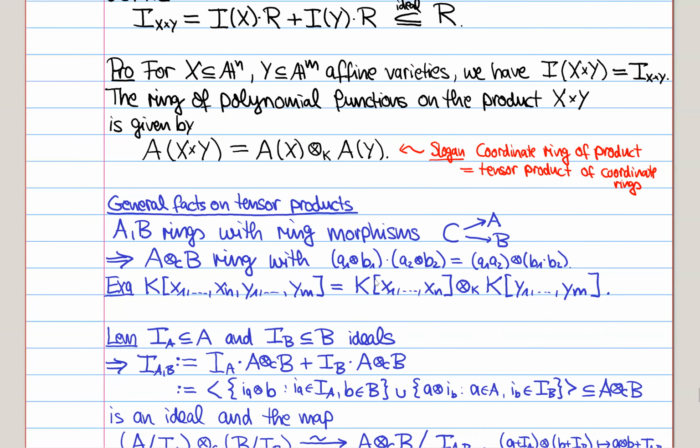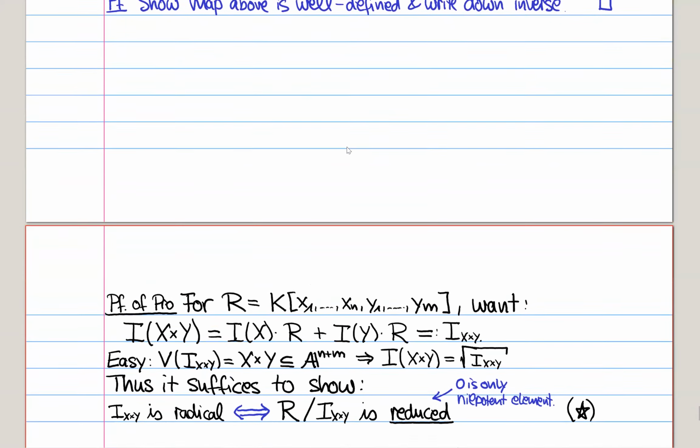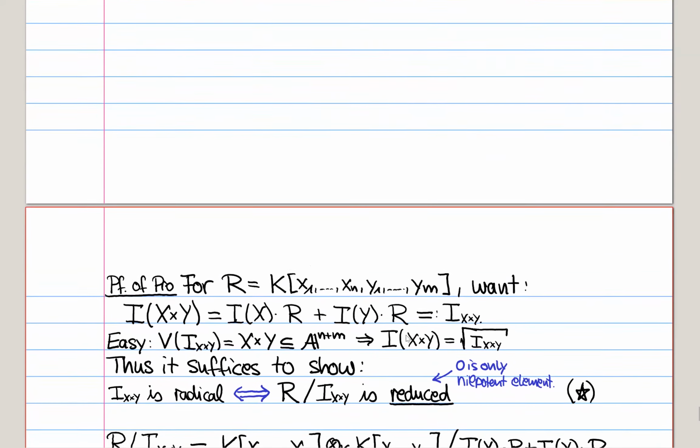And now we go to the proof of this proposition. Recall, we want to show that the ideal of X cross Y is the ideal defined above, and that the coordinate ring of X cross Y is the tensor product of the coordinate rings. Inside this ring, we want to show I(X cross Y) is the sum of the ideals.